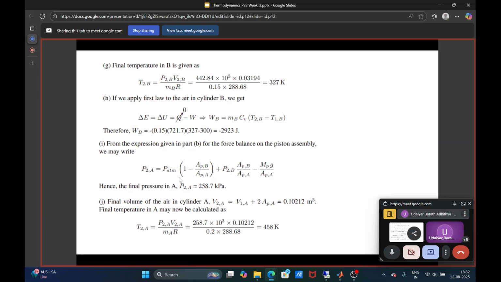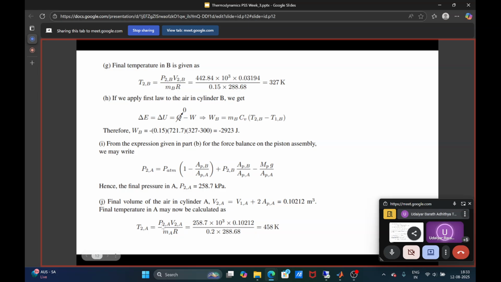So now for finding the temperature in A, we know the pressure, we know the mass, so the only unknown is the volume. So volume can be calculated: initial volume plus the change in volume, which is 2 into the area of piston A, so that gives you 0.10212 meter cube for the final volume in cylinder A. So now we know all the values, we can substitute in the ideal gas equation to find the temperature.